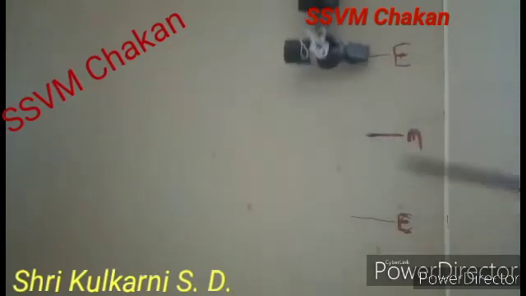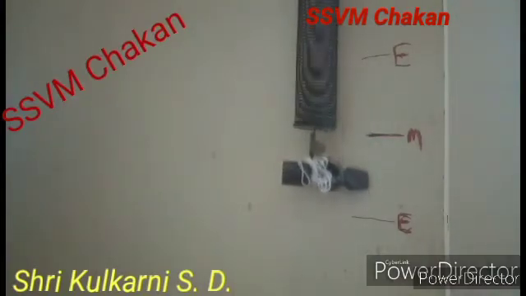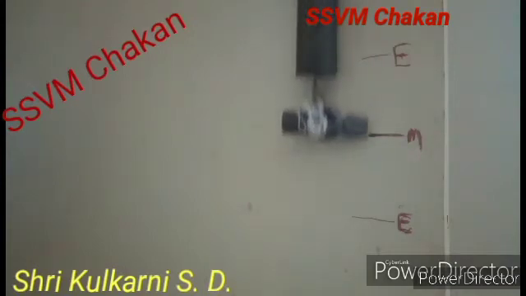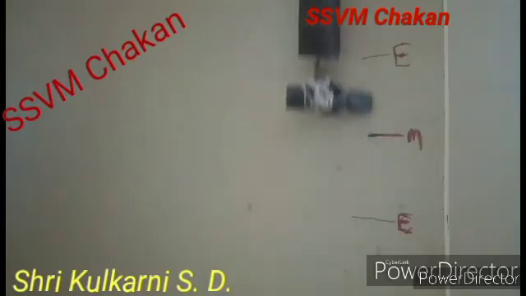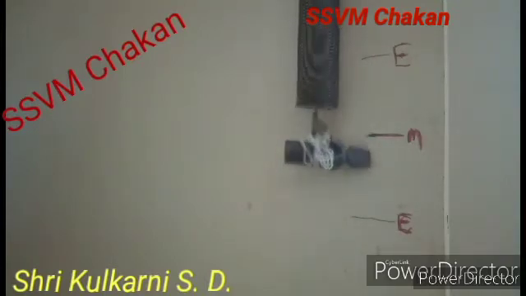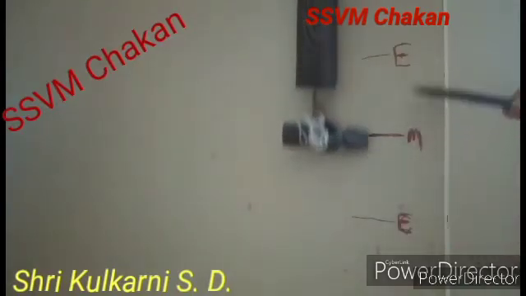It moves from extreme, mean, extreme. Continuously it takes this path. This type of motion is known as simple harmonic motion. So the particle moves around the mean position between two extreme positions.